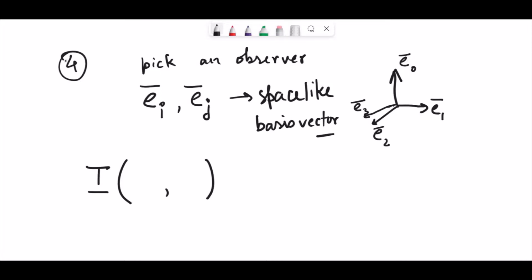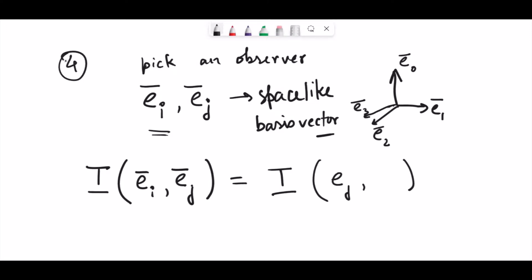And in the 2 slots where we can plug in 2 vectors, we'll plug in these basis vectors, e_i, e_j. So in the 2 slots, we plug in these 2 space-like basis vectors, but it doesn't matter in which slot we plug in e_j or in which slot we plug in e_i, because of the symmetry, which is kind of obvious at this point because I spoke about it so many times.